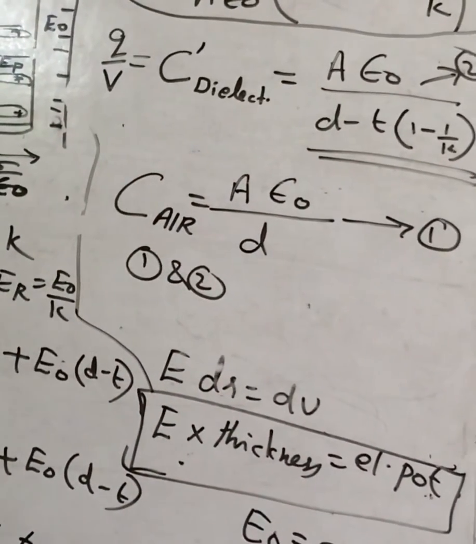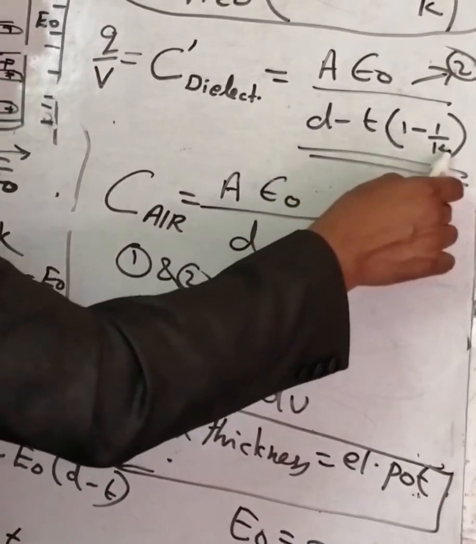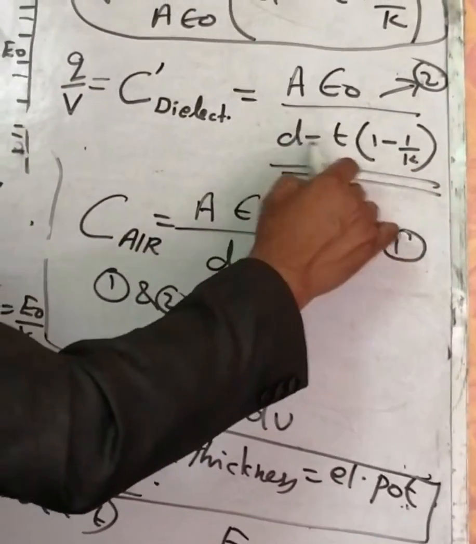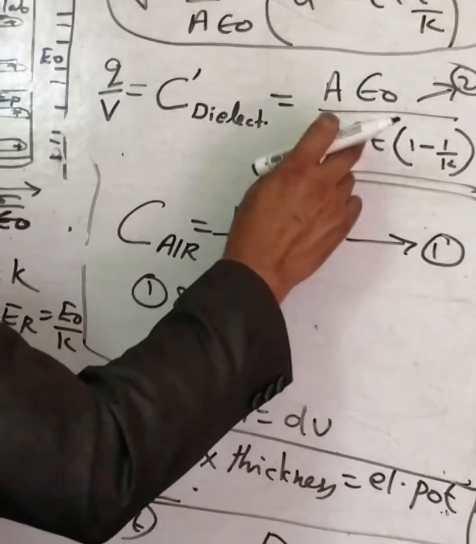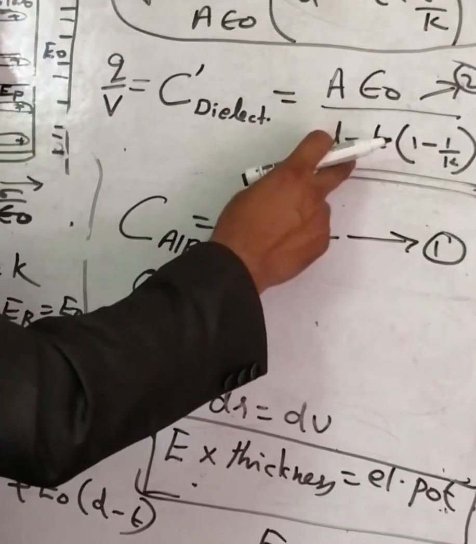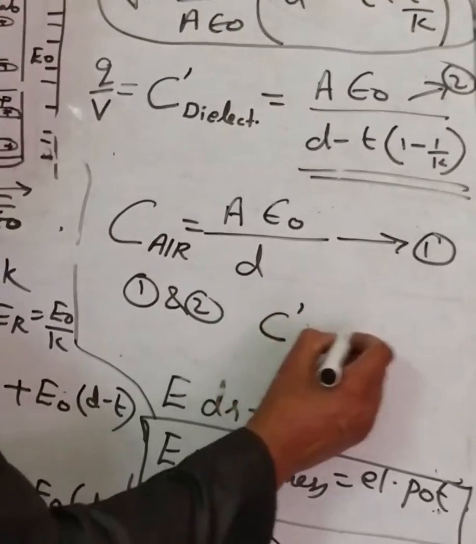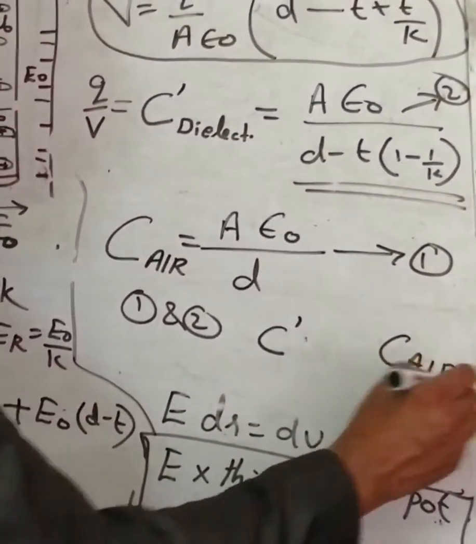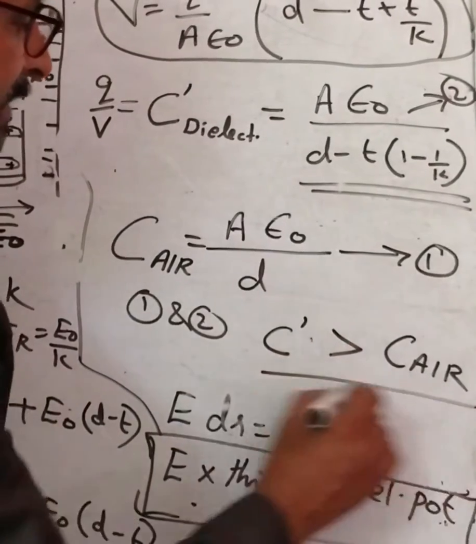Just see the denominator. Which denominator is more? Here the denominator is d and here d minus something. Definitely d is bigger than d minus something. So the denominator of equation 2 is smaller. Denominator is smaller, meaning answer is bigger. So from 1 and 2, which is greater, C dash or C air? C dash is greater than C.